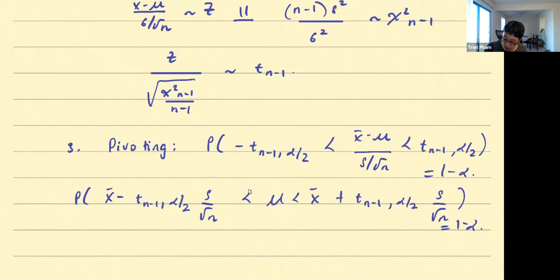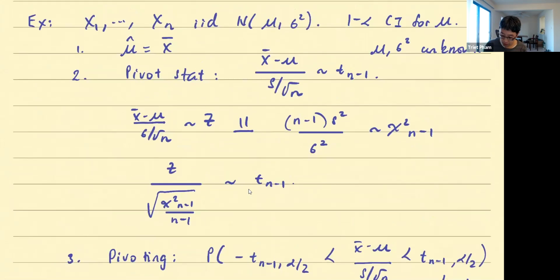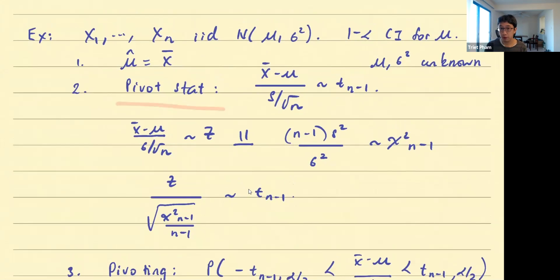And so we obtain the confidence interval for mu in this case. So of course, this is a quick review of confidence interval for the mean in the one sample case, but also a review of the idea of the pivot statistics technique.